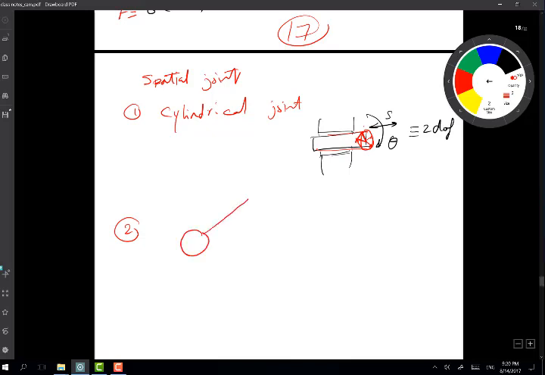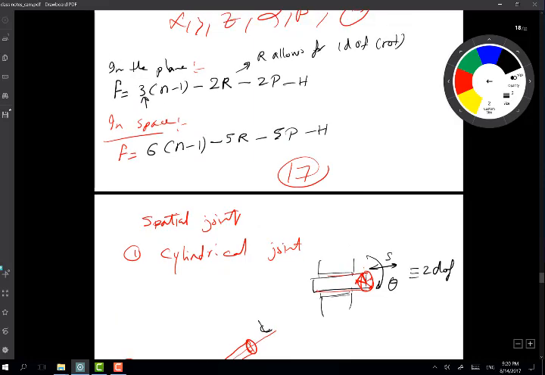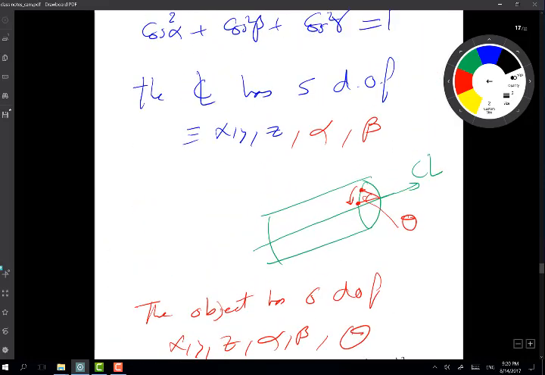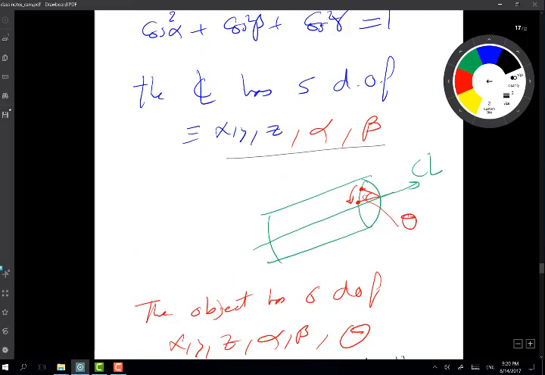It's something like that, and it's fixed, let's say here. The center line of it is very much like the center line we spoke about earlier. Remember, the center line had 5 degrees of freedom: x, y, z, alpha, beta.